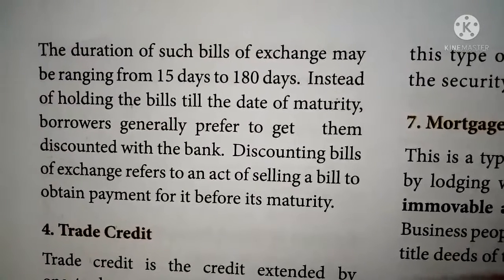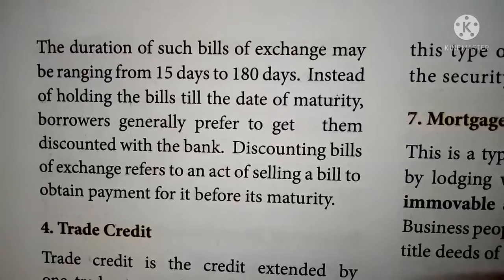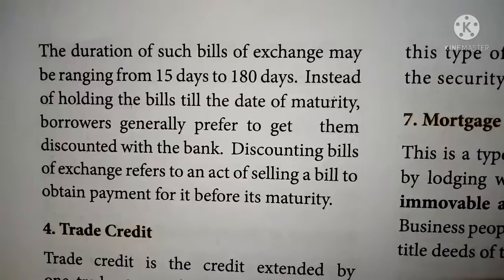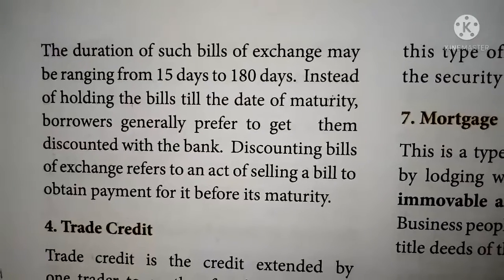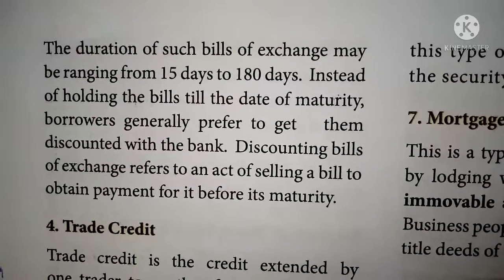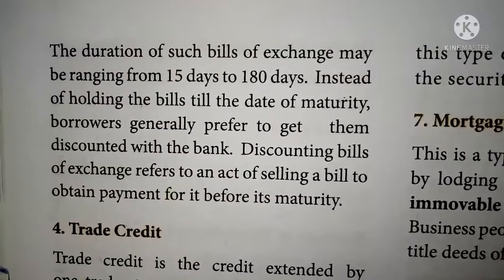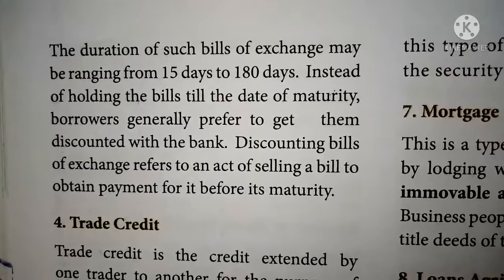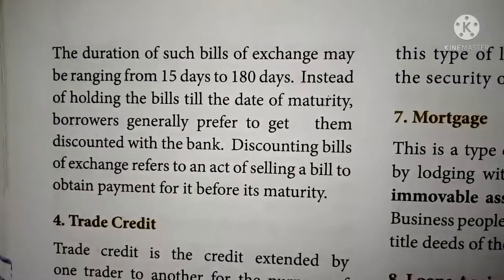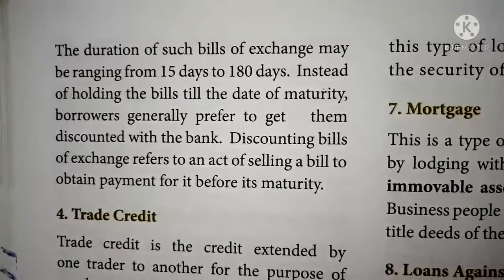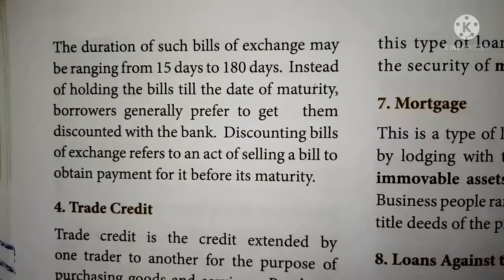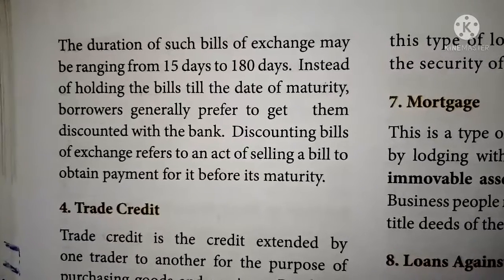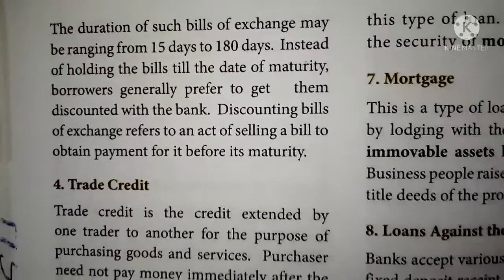Instead of holding the bills till the date of maturity, borrowers generally prefer to get them discounted with the bank. So it is another way of getting finance. Discounting the bills in the bank gets money immediately. The supplier will not keep the bills for a long period till maturity. If they need cash, they can immediately discount their bill with their bank and get immediate cash.